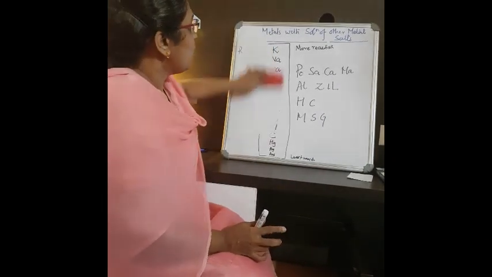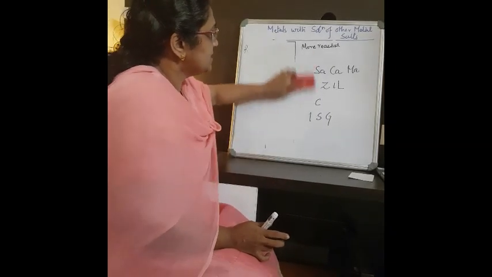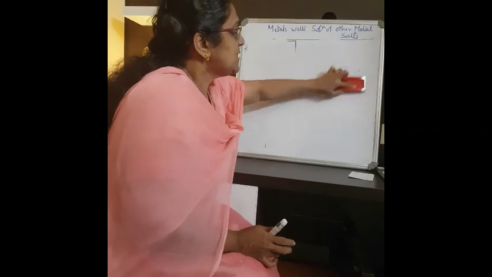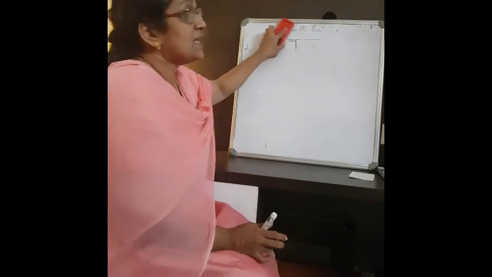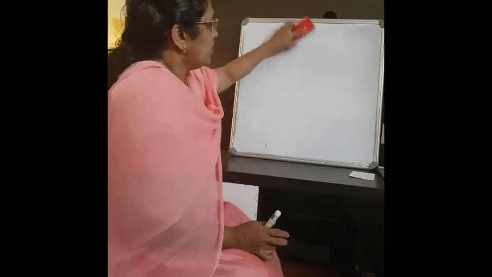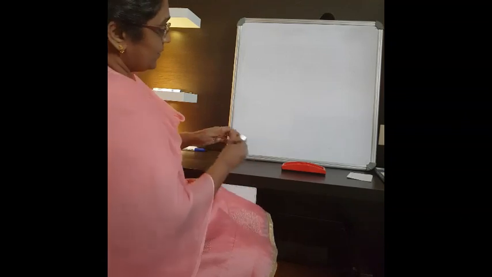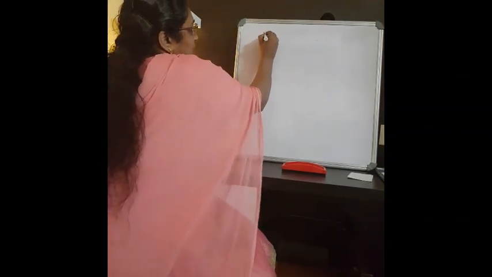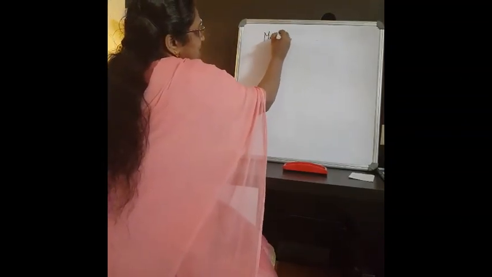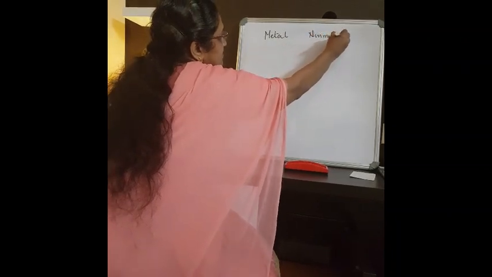Now we will see the next important topic, that is how metals and non-metals react. Before going into that, we will see some of the features of metals and non-metals.